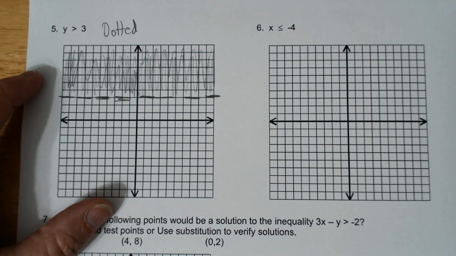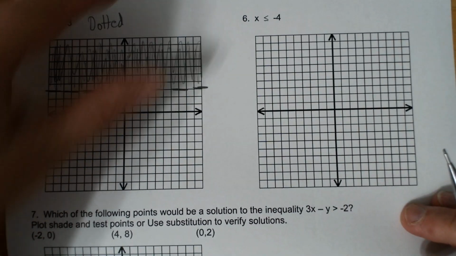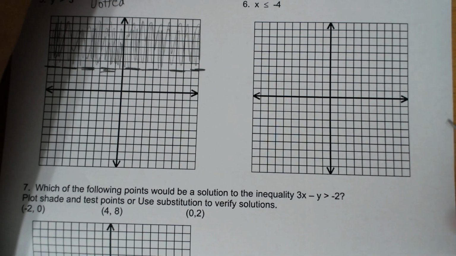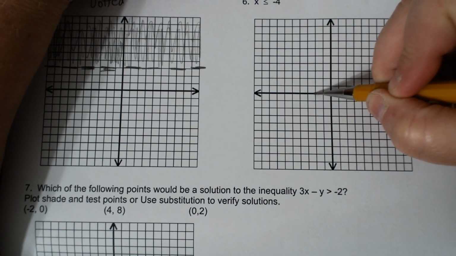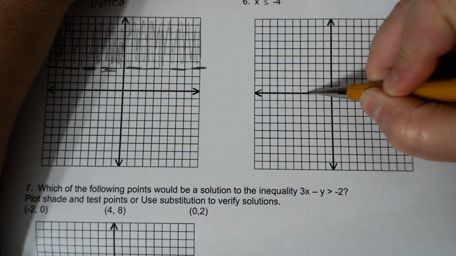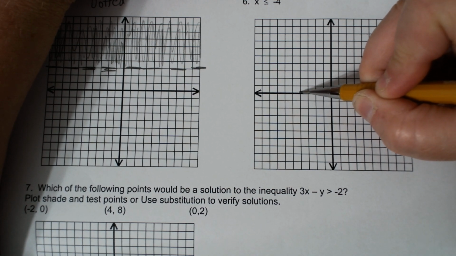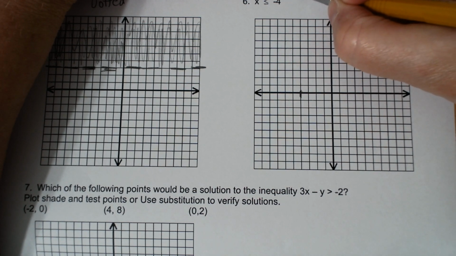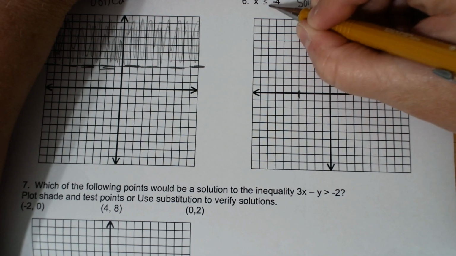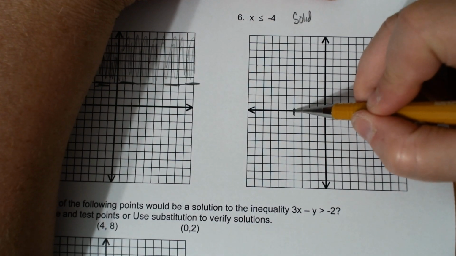X is less than or equal to negative 4. We know that that is a vertical line at negative 4. We know that this is solid because there's an underline under the inequality.